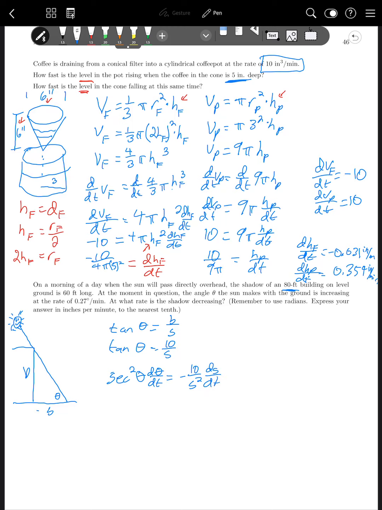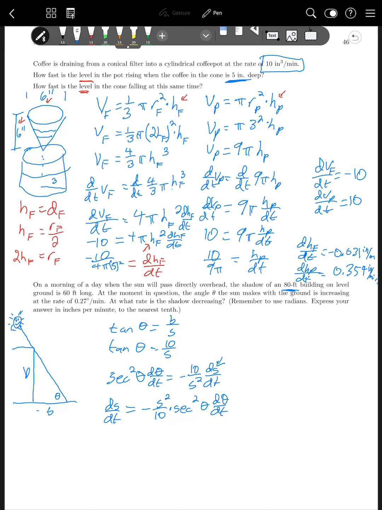Okay, and so we want to solve for the variable we care about, which is dS/dt. So I'm going to multiply both sides by the reciprocal. I'm going to write it kind of backwards: dS/dt first, and then it'll be negative S squared over 10 times secant squared theta times d theta/dt.